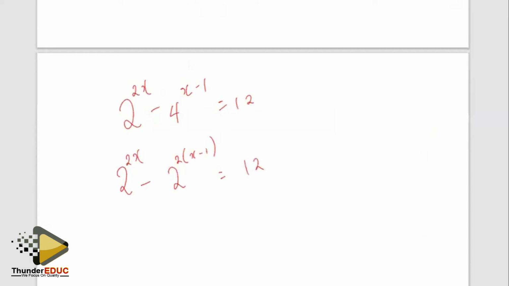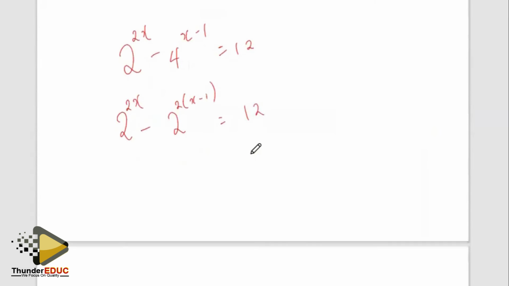Remember, we're saying 2 to the 2x minus 4 to the x minus 1, and then we're equating that to 12. So that will be 2 to the 2x minus, that's going to be 2 squared, then we have x minus 1 is equal to, let me keep the 12.